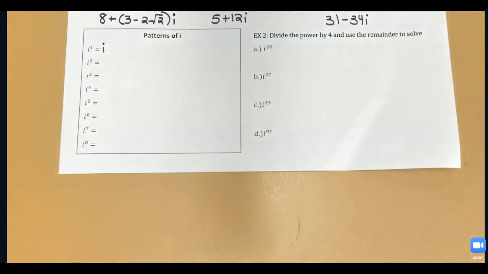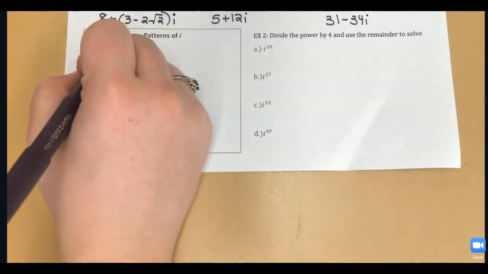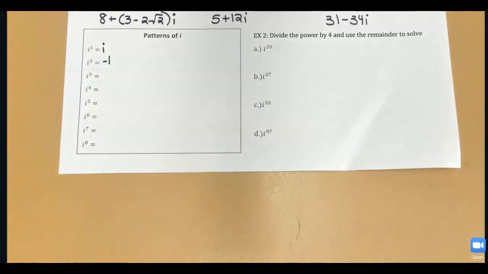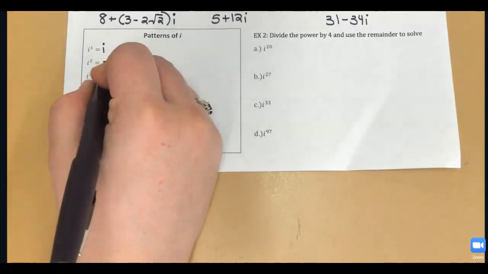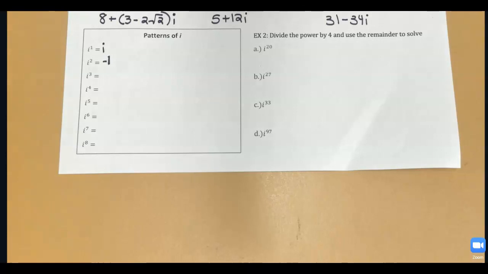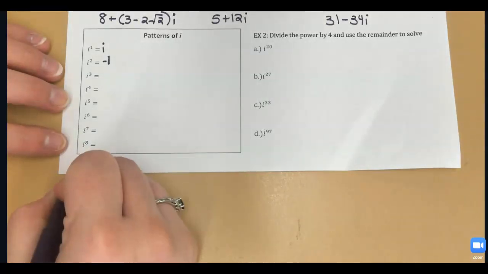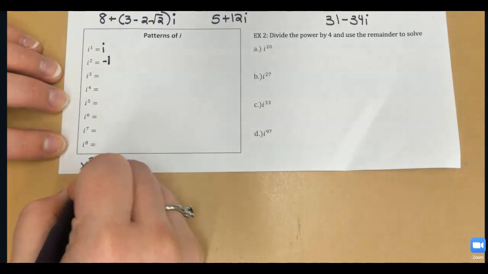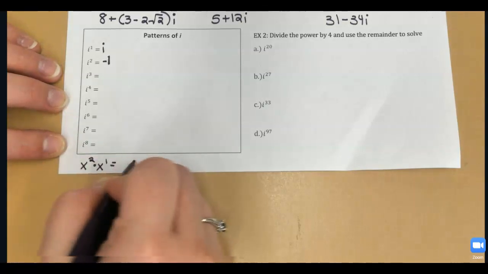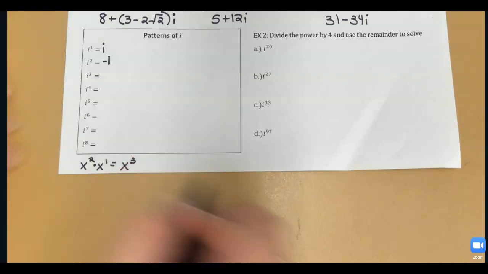i to the first power, that's just itself, right? That's just going to be i. And then i squared, we've already established, is -1. Well, now if I go to a higher exponent like 3, let's think about how we can determine what that is. Think about your product rules. Remember, when you're multiplying like terms, such as x squared times x to the first, you add your exponents and that gives you x to the third.